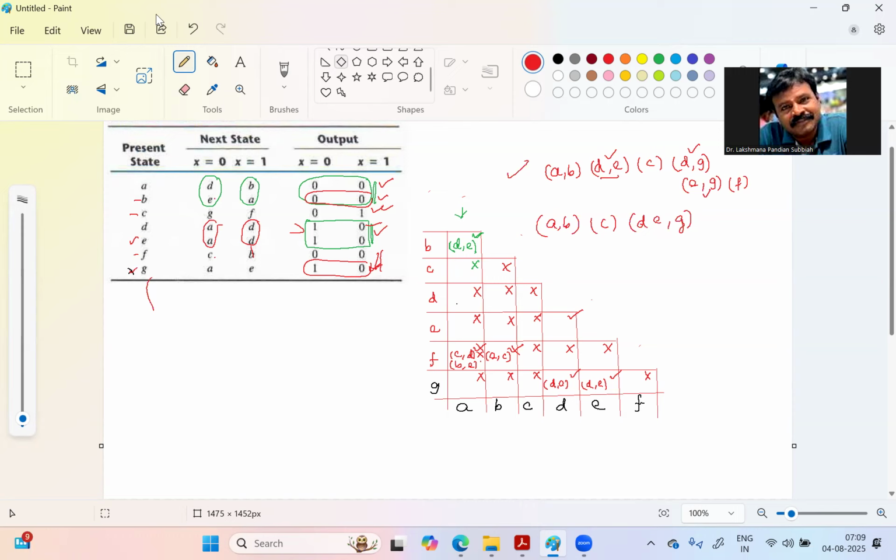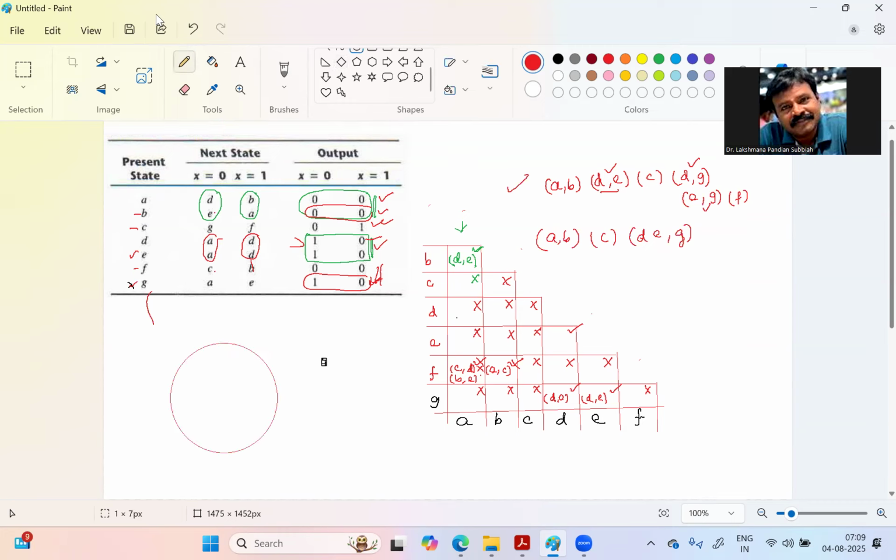You put all the letters on the circumference: A, B, C, D, E. This is called the merger diagram, right?